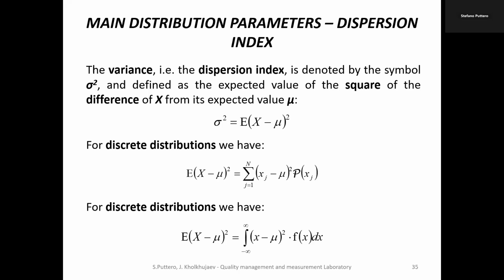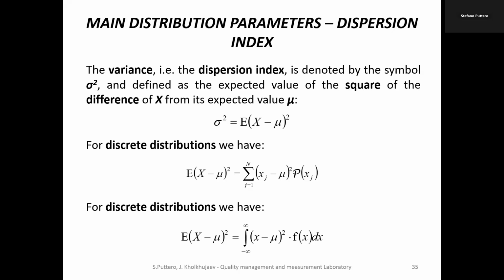We have already seen that for the dispersion of a distribution, we can use the variance, that is indicated with sigma squared, and it is equal to the expected value of X, so the random variable, minus mu.